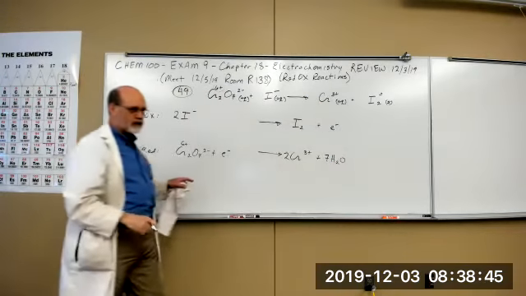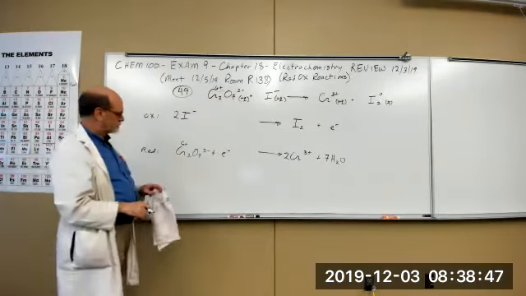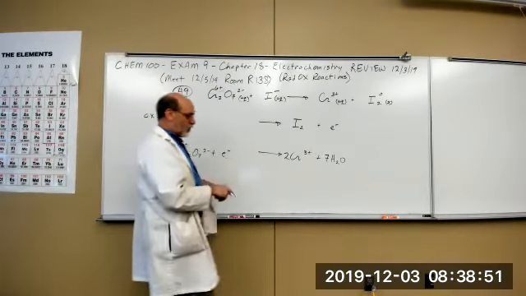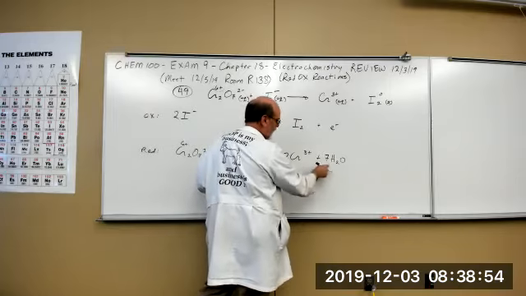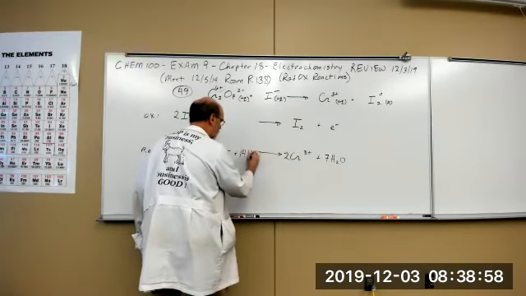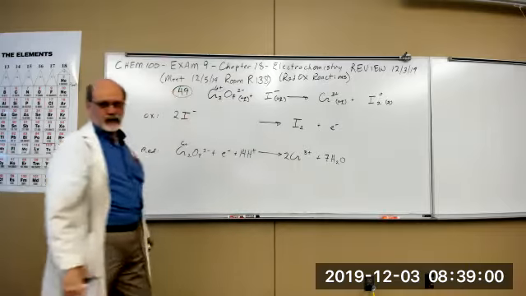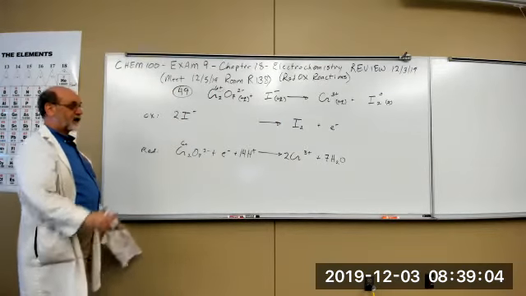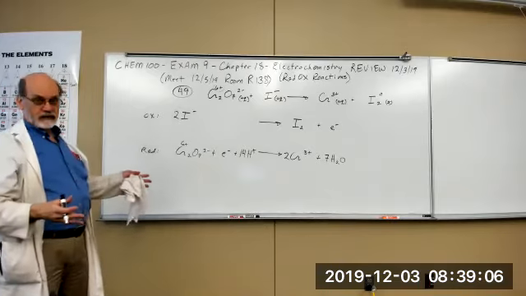And oxygens always show up as water. But now what have we done? We've added 14 hydrogens on that side. We need 14 hydrogens on this side as protons. Now we balance electrons.